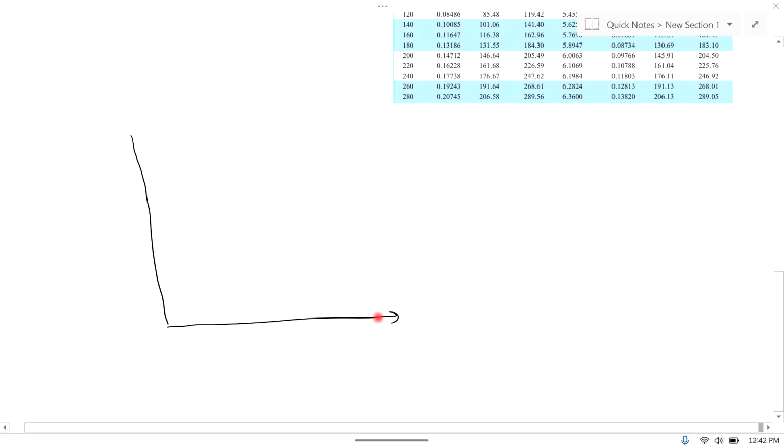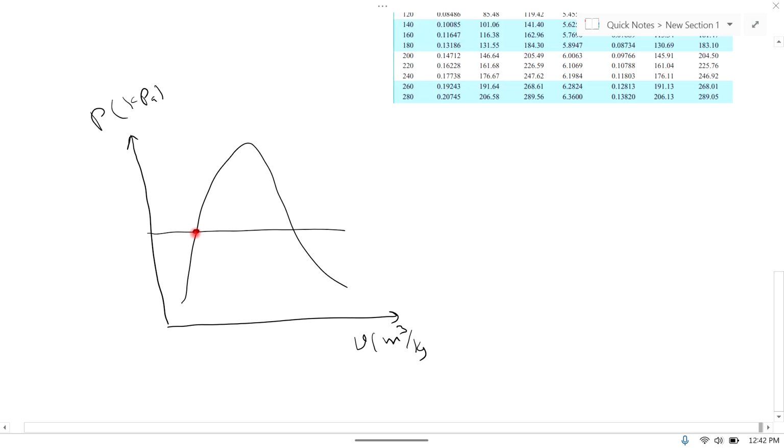This is the PV diagram, pressure in kilopascal and volume in meter cube per kg. The saturation curve is like this, and this is the constant pressure line. Initially this is state 1, this is state 2, saturated vapor, and this is state 3, superheated vapor.